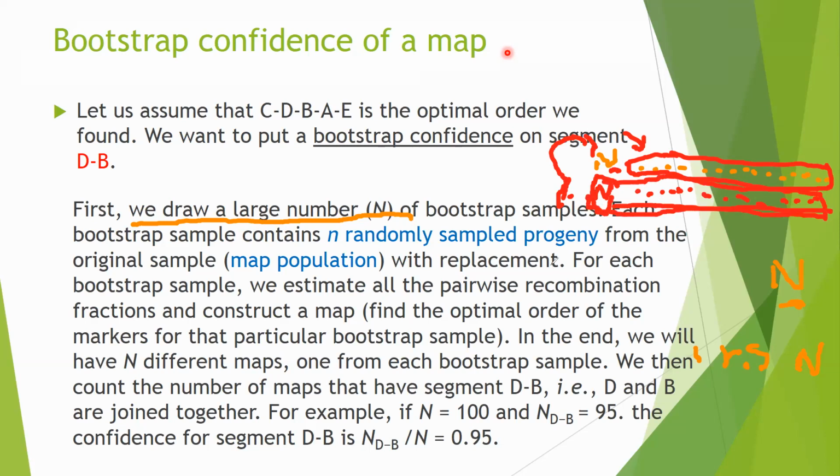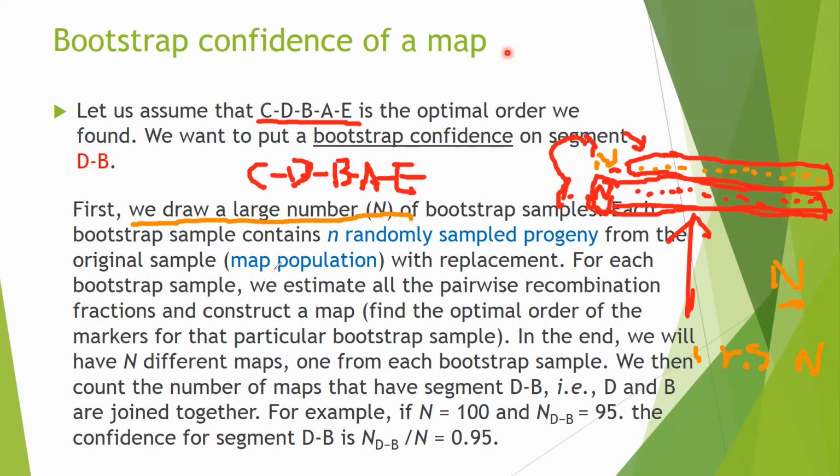All right. Now with the new resampled progeny, you can do the same thing. You can find that map. For this resample, you might find the same order for these 5 loci. Does that make sense? Or it could be slightly different, because your first resample is not identical with the original sample.